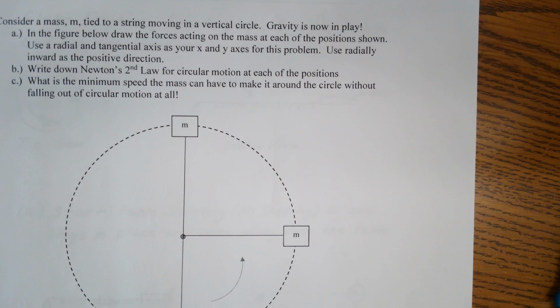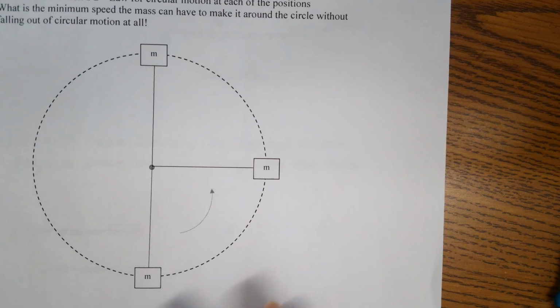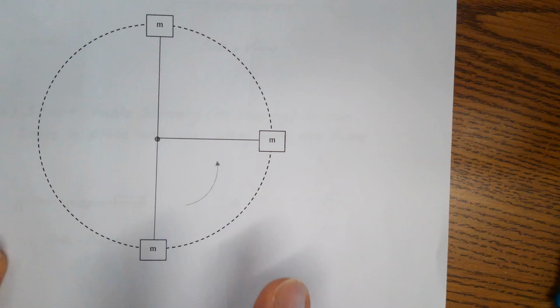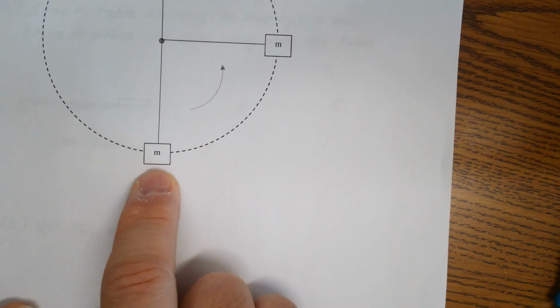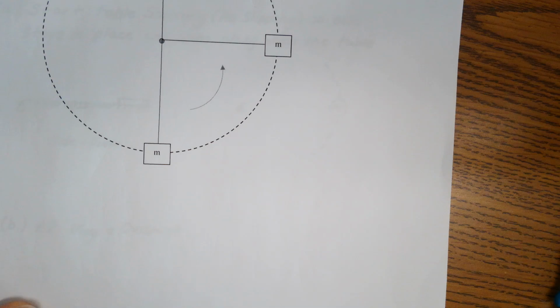Write down Newton's second law for circular motion at each of these positions. So let's take a look at what happens at these different positions. Let's take a look at point A at the bottom.